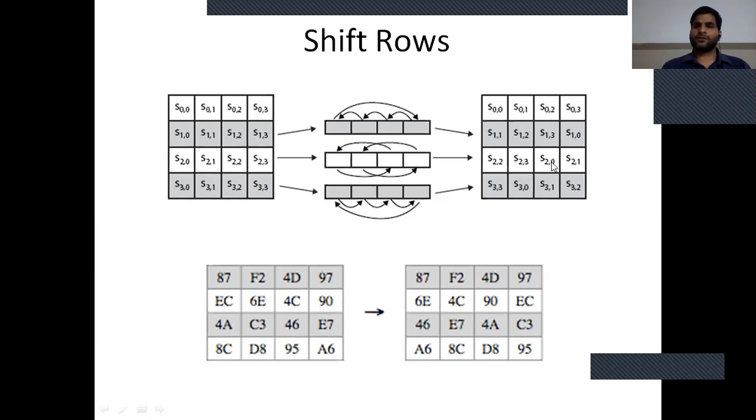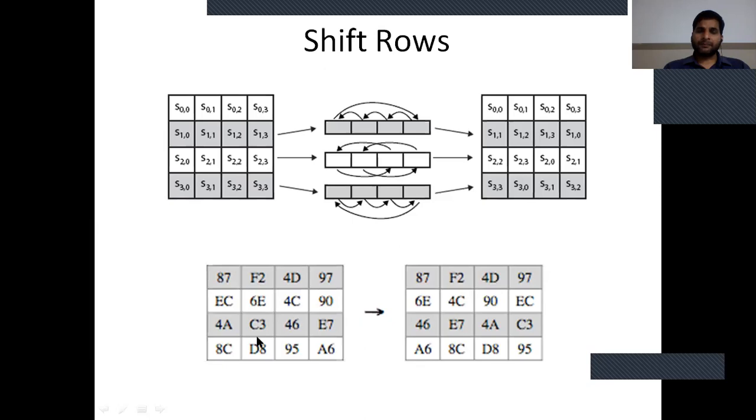So S22, S23, S20, S21. Applying the third shift means the first is shifted to the third position, and the others shift to positions 1, 2, 3, and like that. This is the shift row operation.